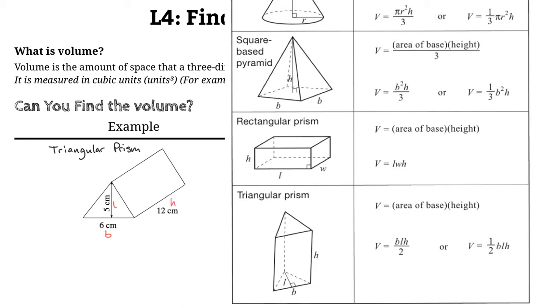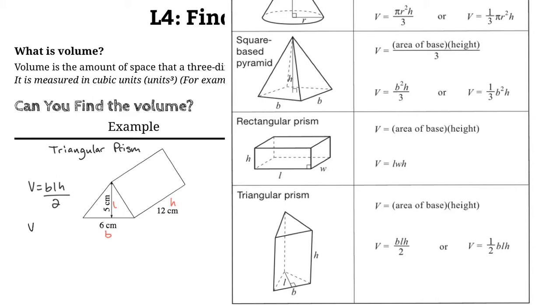In our formula sheet, there are different versions of the formula, but they do mean the same thing. I do prefer to use this first one. And this just means volume is equal to B times L times H, then divided by 2. So we just need to start off with writing out our formula. This is how we're going to calculate our volume. And then we just need to replace all of these letters with the measurements in our shape.